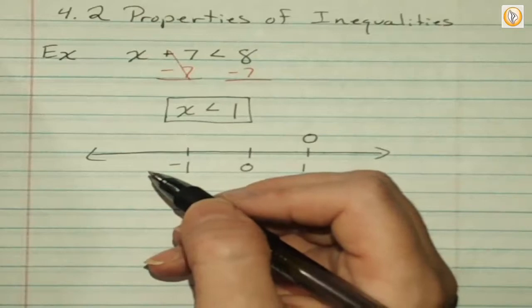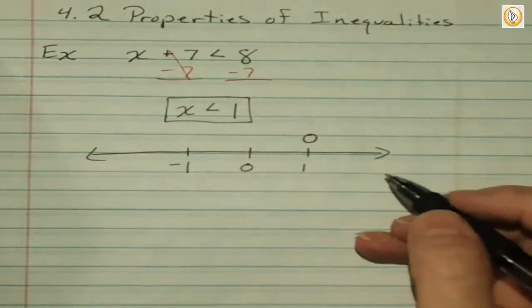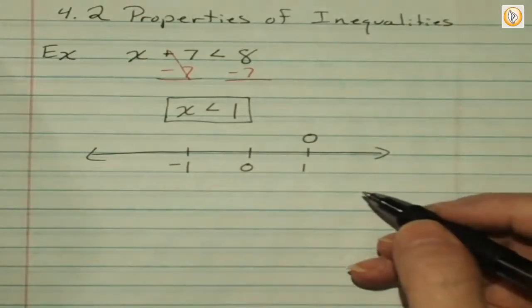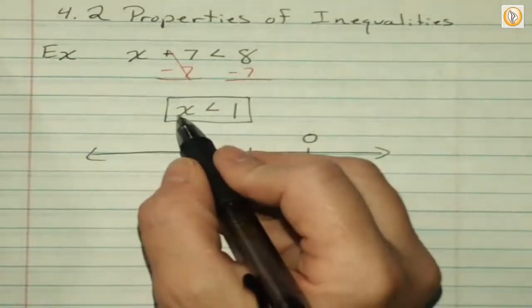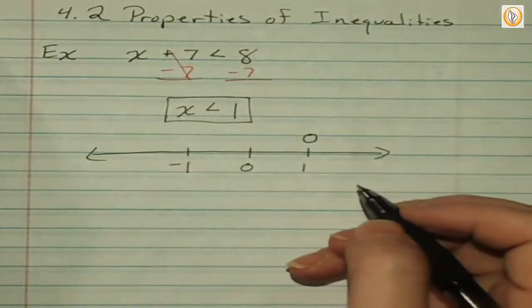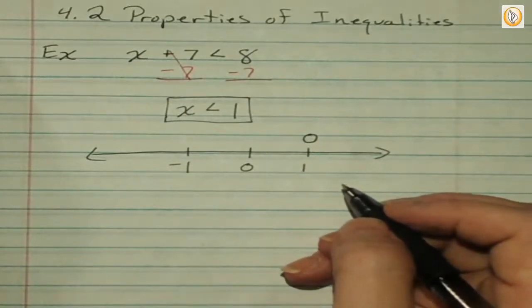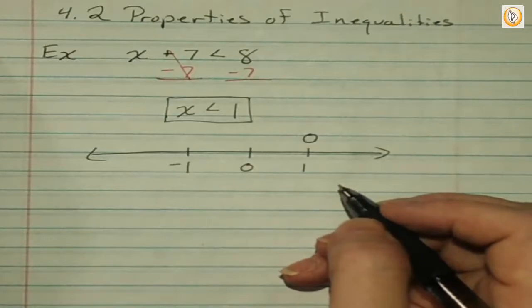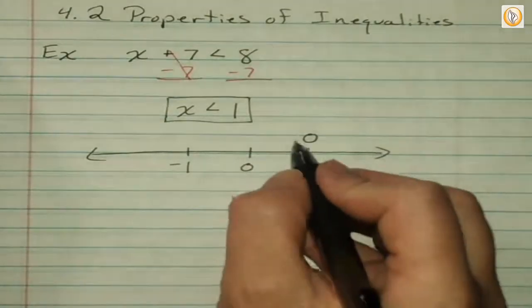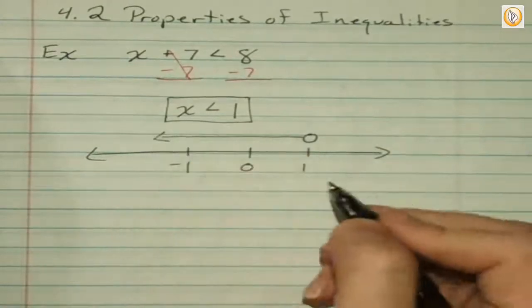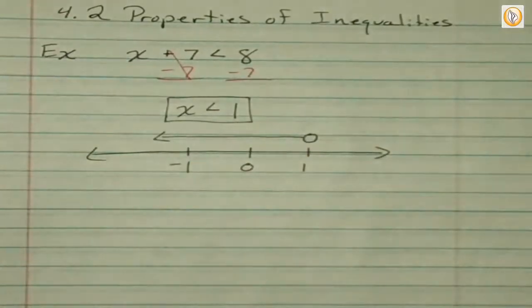Okay. So, Michael, if X can be any number less than 1, which direction does the arrow go? To the left. Are you sure about this? Okay, yes, you're correct. So, X can be any number that is less than 1.